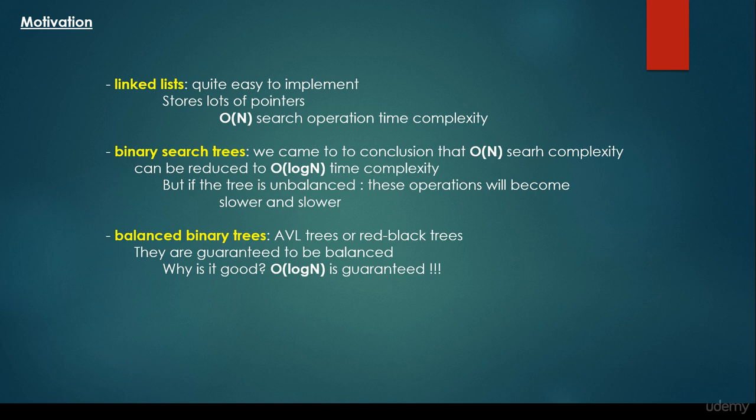If there are 10 users for Facebook, of course it doesn't matter. We could use a simple one-dimensional array as an underlying data structure and the application is going to be fine. But if we have 3 billion users, of course we have to optimize the data structure we are going to use. And it's very good, the balanced binary trees, because they are predictable.